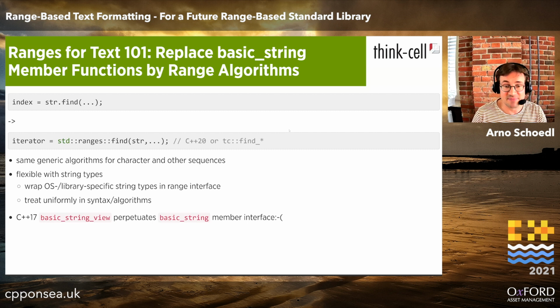And of course, it was meant to be a drop-in replacement for basic string, because people were passing around basic strings by value everywhere, or if they had to cut out a piece of a basic string, they would just generate another basic string, which meant heap allocation, and that was all very inefficient. So basic string view was designed to solve this problem, and it does, but it's just not getting people into this new world of ranges.